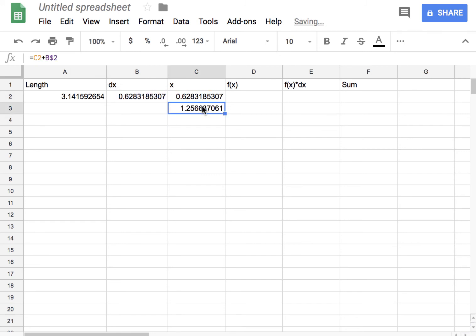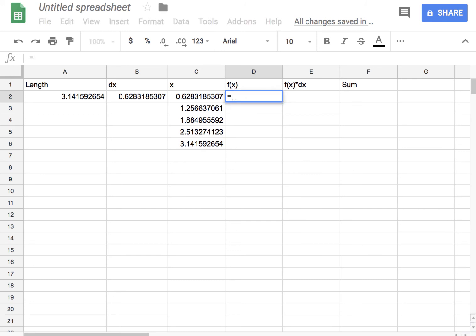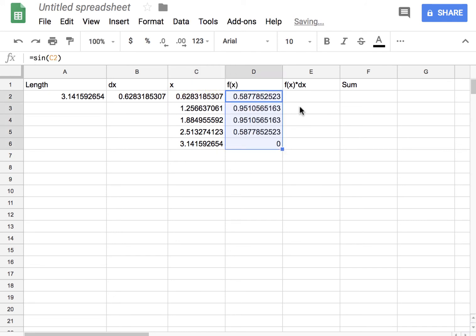So that's 1, 2, 3, 4, 5, which we can see we've ended at pi. f of x is equal to sine of this value. So we calculated sine of these values or estimates of that.